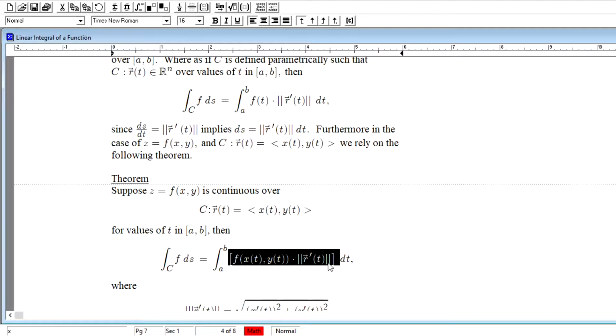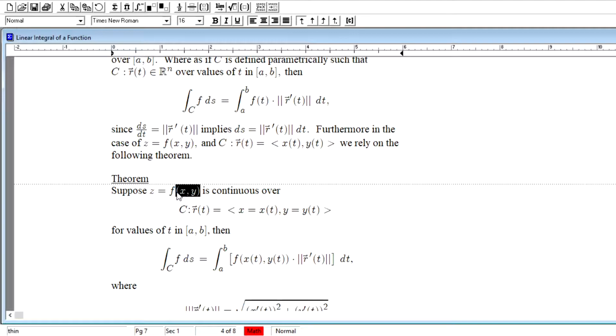In this integrand operation, you will notice I do have that scalar multiple given by the magnitude of r bar prime of t in that integrand. And that is being multiplied by this value here, which is just function f with its values of x and y being replaced with x of t and y of t.